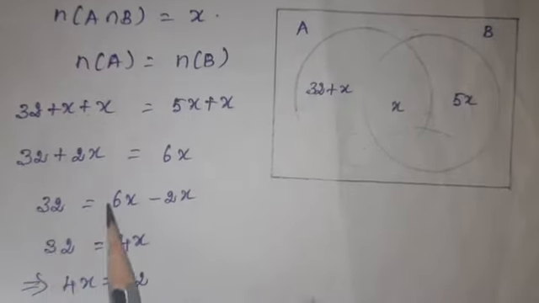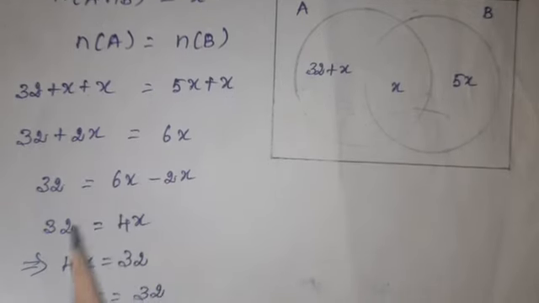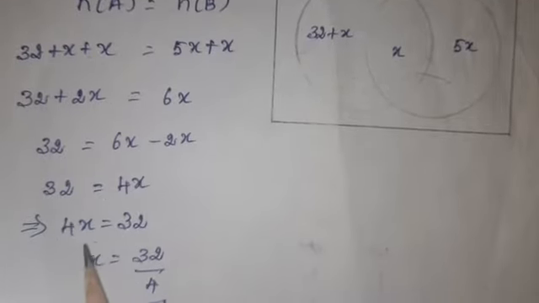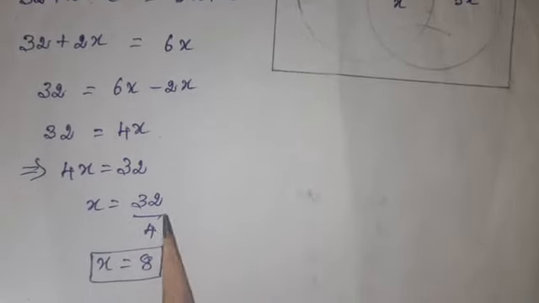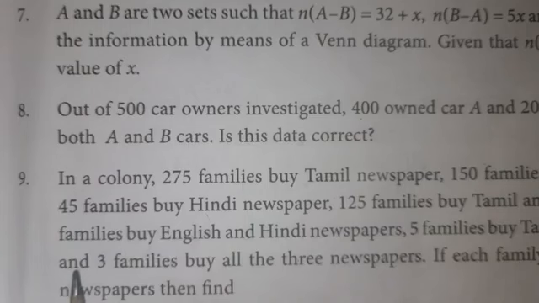Then 32 plus x is equal to 6x. The x comes to this side as minus x, so 32 is equal to 5x. Straight, I am writing it as 4x is equal to 32. x is equal to 32 divided by 4, in the 4 table you will get 8. x is equal to 8.